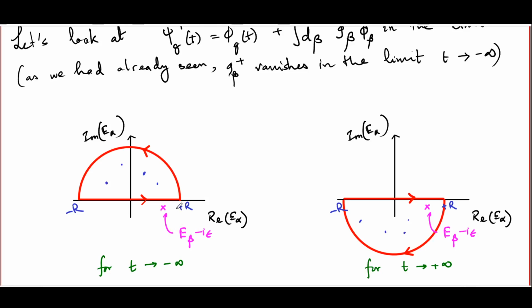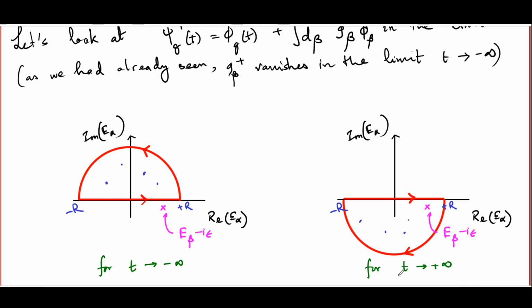The one pole which was very close to the real line and would not have suffered from this exponential suppression happened to be at E beta minus I epsilon, so was outside the contour, which is what made this contour integral and hence this integral over E alpha vanish.